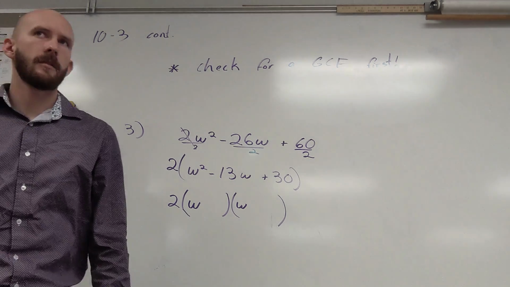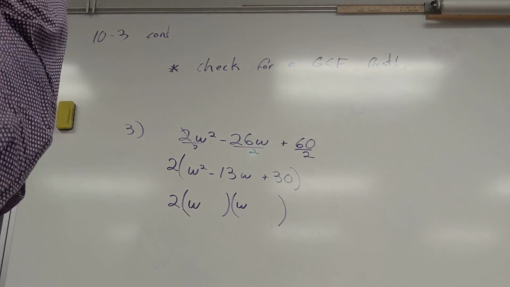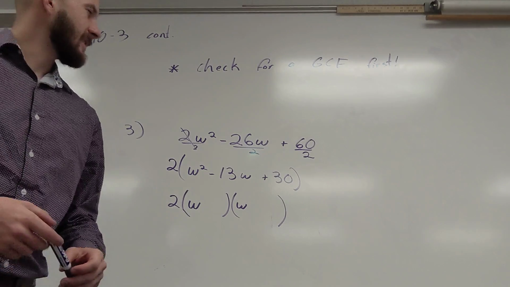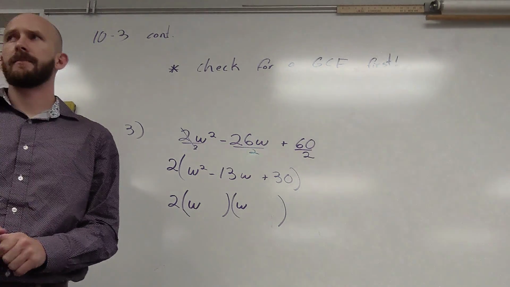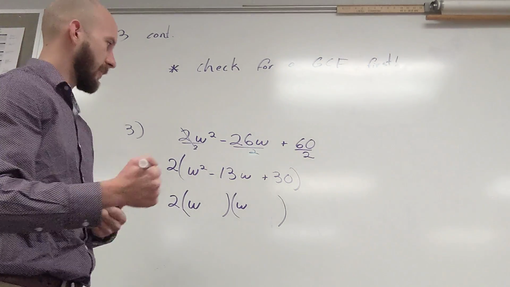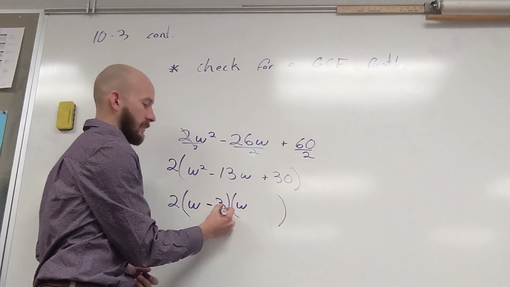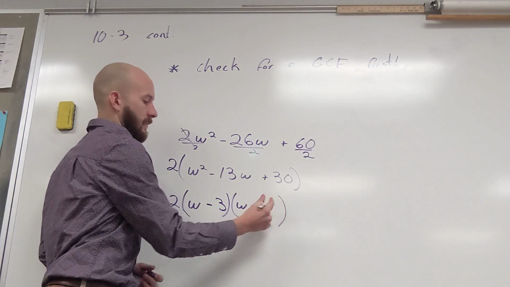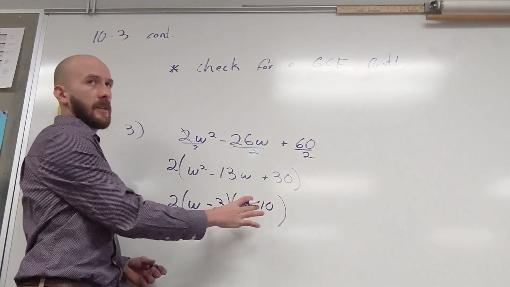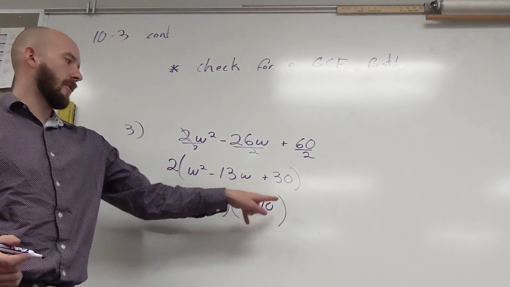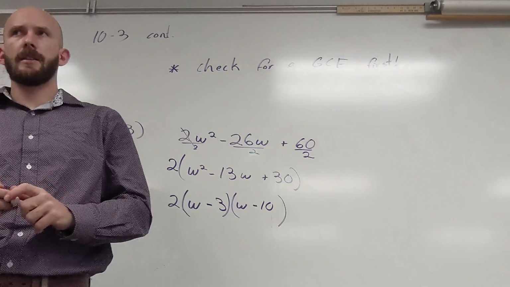Okay. Got any idea what those would be? 3 and 10. What do the signs have to be? -3, -10. Okay. -3 and -10. Does that work? -3 times -10 would be +30, and if I add them together, that's going to be -13.